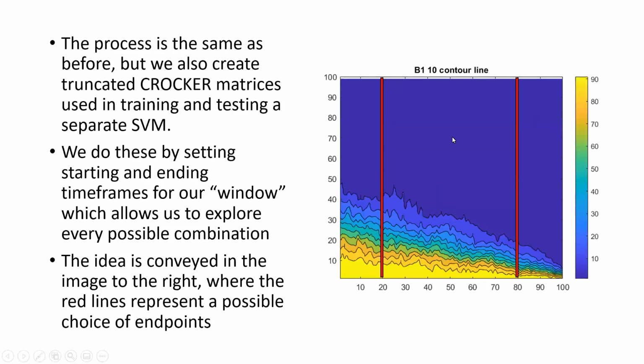What you're seeing here, and these red lines were added for some context for the window approach. But in the general approach to the Crocker plot, these colors are how many connections are being made, or how many connected components there are in this case.